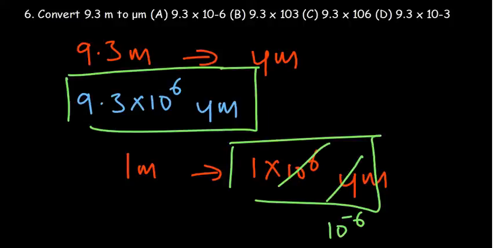So if you're moving from a bigger unit to a smaller one, multiply by the positive power. If you're going the other way around, you divide, or in other terms, multiply by a negative power. That's the way it works. By the way, I need to check the answers. So it's C.